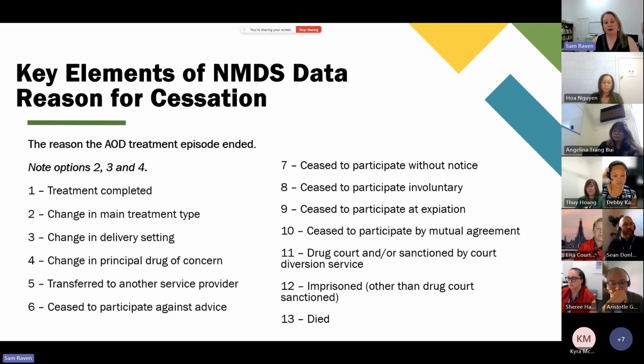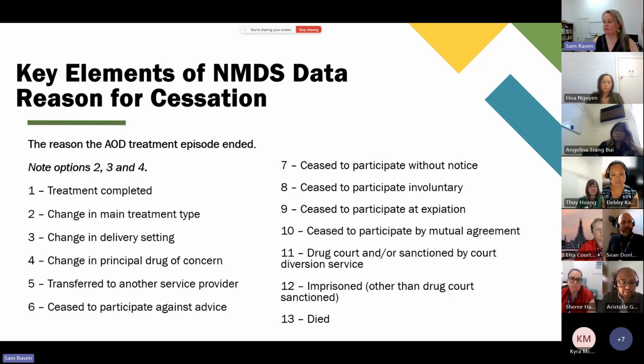11 is when there's been some kind of sanction by the drug court or a court diversion service. So they've broken a condition of their order, and then they've been imprisoned or had some kind of sanction. So that means that they need to stop working with you. 12 is that they've been imprisoned, so something not related to their work with you, but they've been caught for some other reason and have gone to prison.